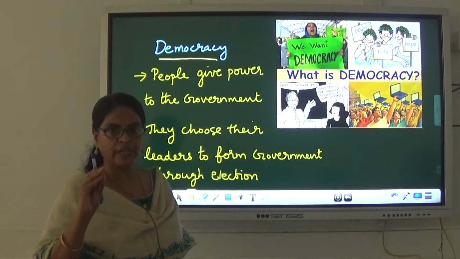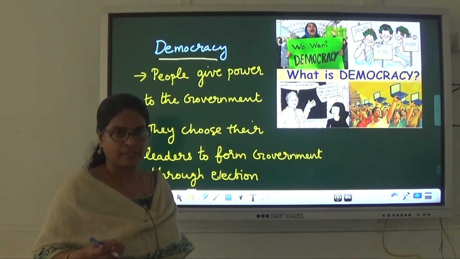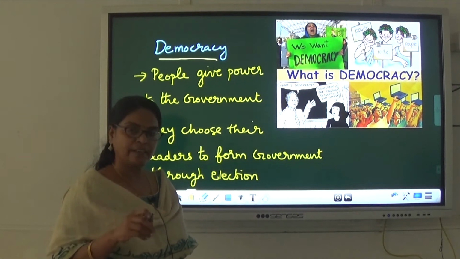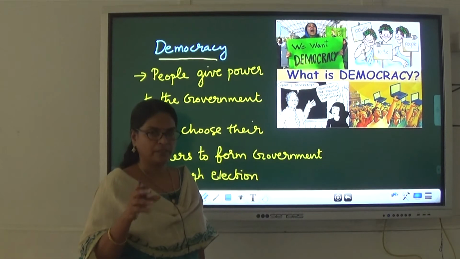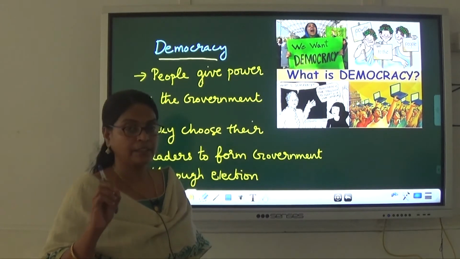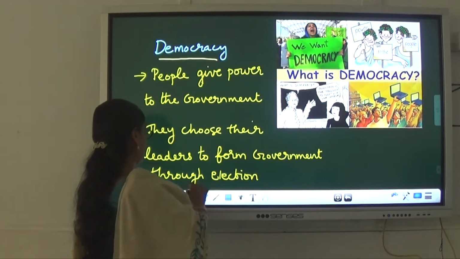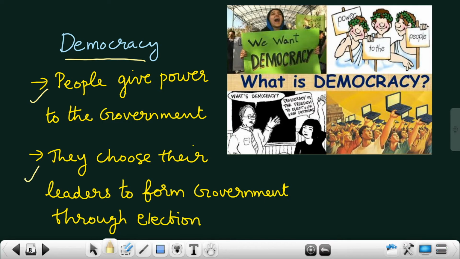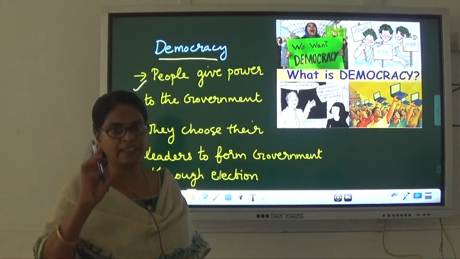People choose their leaders through elections. They cast their votes for the persons whom they like, and these leaders form the government. Democracy is a form of government where people have the freedom to choose their leaders. Did you get it?